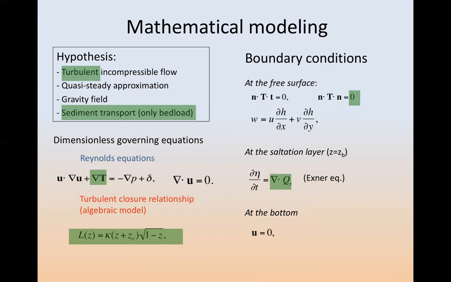The same framework, but using turbulent incompressible flow, and sediment transport should be considered now. Of course, we have to manage Reynolds equations because we are in turbulent conditions, so Reynolds stress through a turbulent closure relationship, for example, an algebraic model, mixing length theory. At the free surface, we have again a dynamic condition, but without the role of the Weber number. I didn't mention it before, but in the previous case, we had a Weber number, that means surface tension.